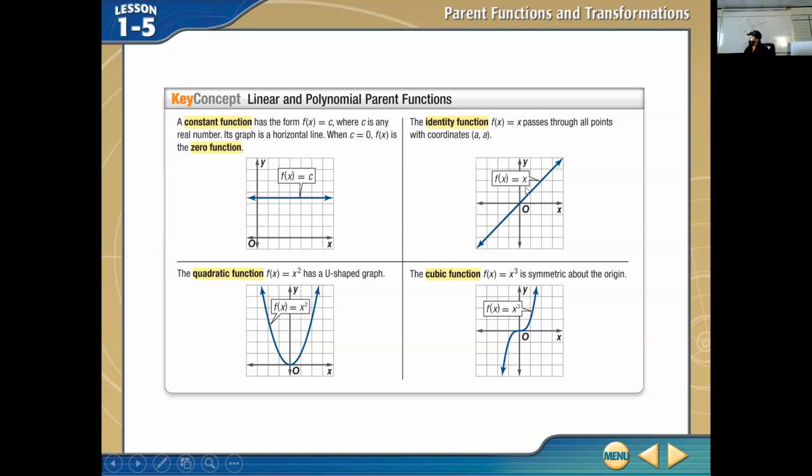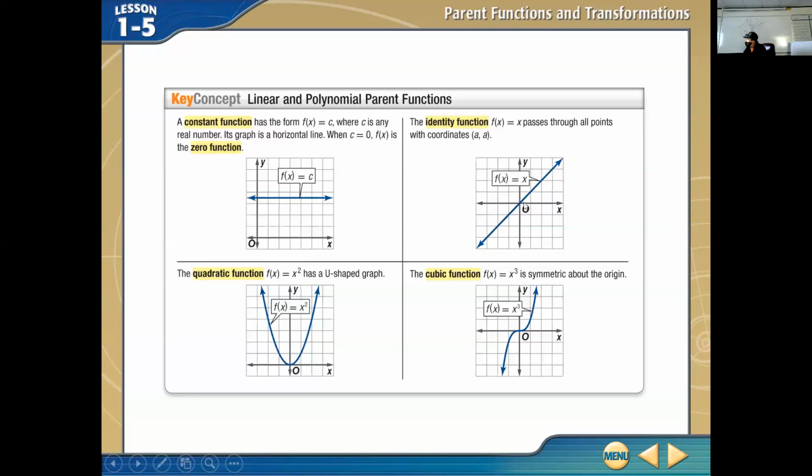If we were given the graph f of x is equal to 5x plus 5, that would be a vertical dilation. So we're adjusting the slope, so that would be increasing by 5. But we'd also be adjusting the y-intercept to shift it up 5 units. So this is the parent function for all of your linear equations.